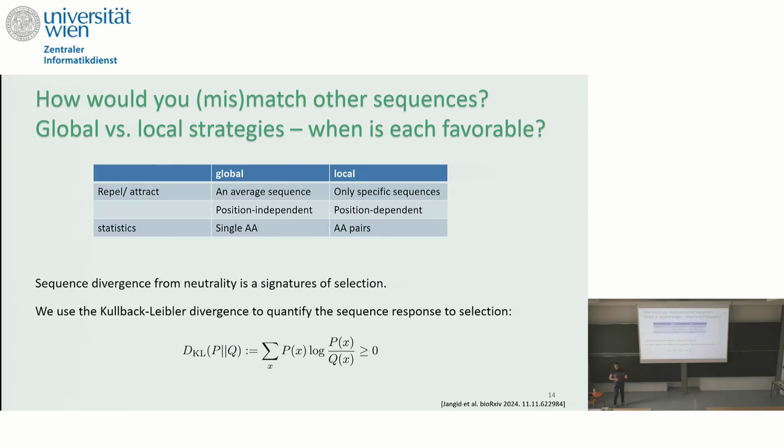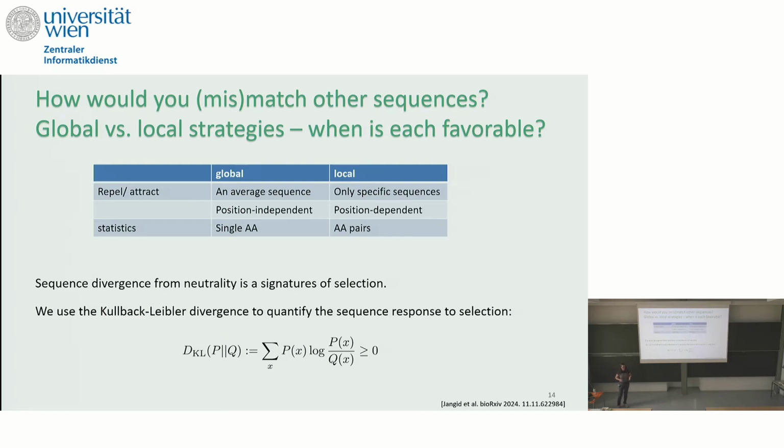That is done by just biasing its amino acid content in a position-independent manner, because it doesn't aim towards a particular partner sequence. To see the impact of such a strategy, we have to look at just the marginal distribution of the amino acid frequencies in the protein and see if it is biased relative to neutrality.